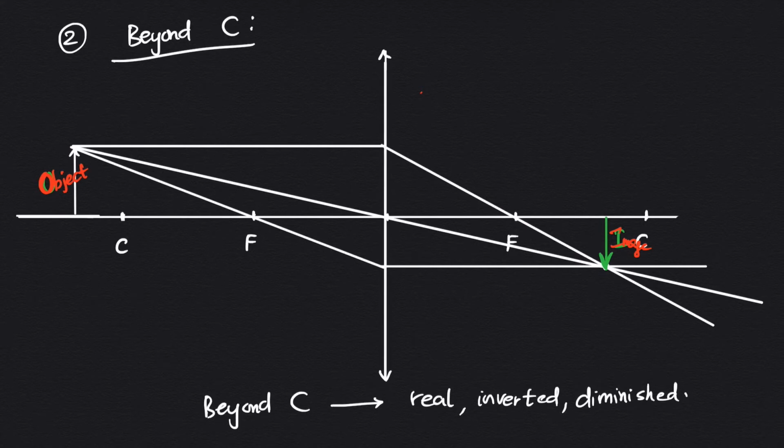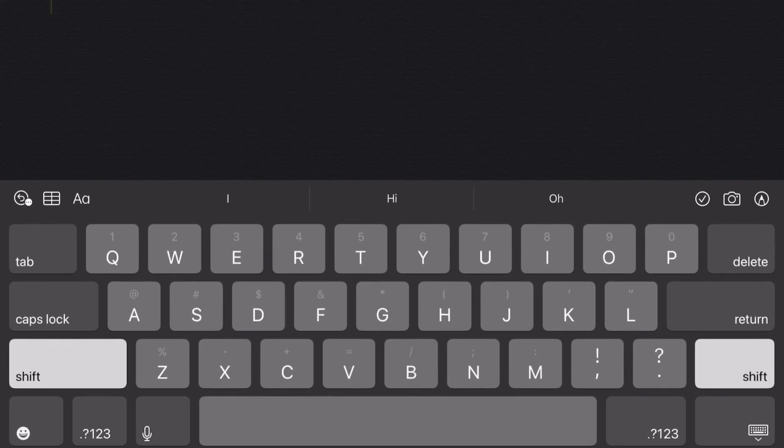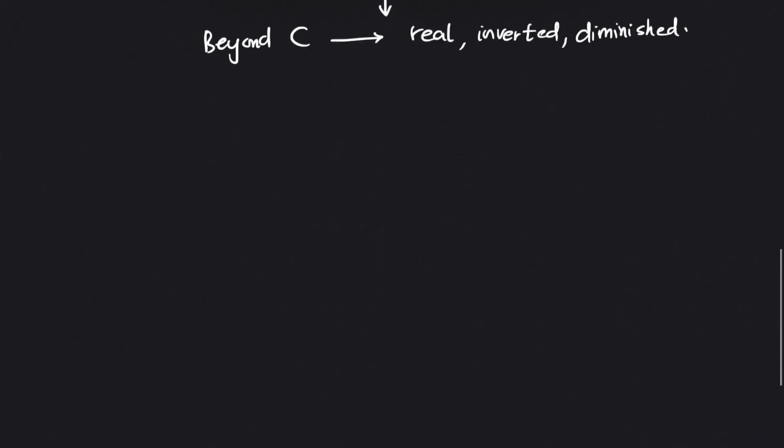So this is the idea behind the lens diagrams. If you remember the 3 lines, then you can draw the lens diagrams. Now, what I want you to do is take a scale and a pencil and try to draw these 3 diagrams. First at the center of curvature and at the focus.